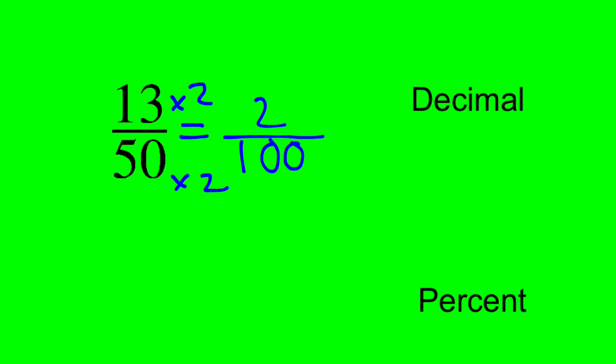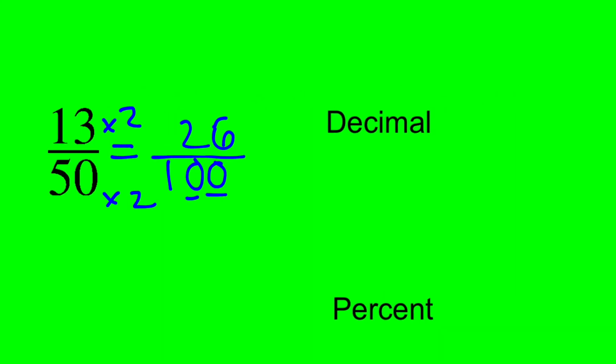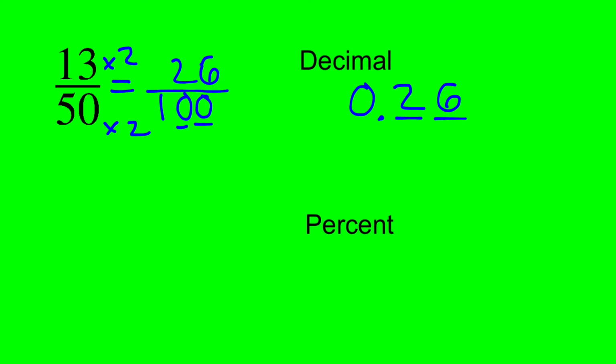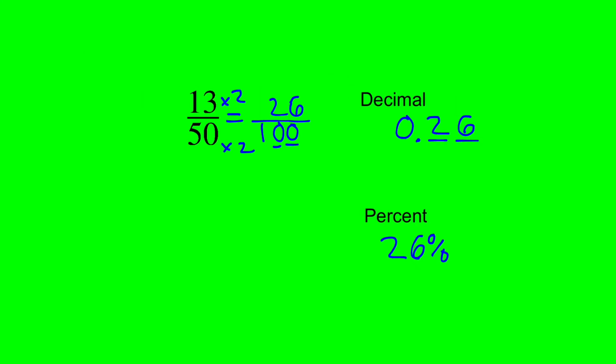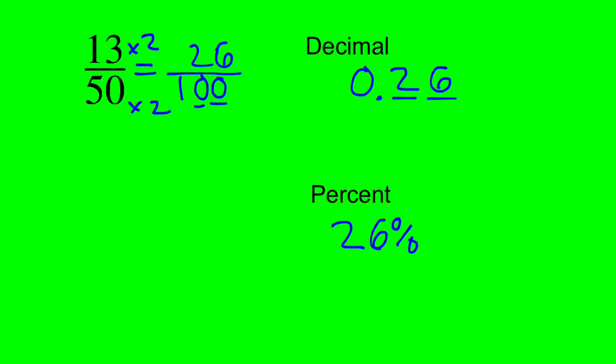That's 26. 2 zeros on 100, 2 decimal spots. 2 tenths and 6 hundredths for 26 hundredths. And the percent is 26 out of 100, so 26%.